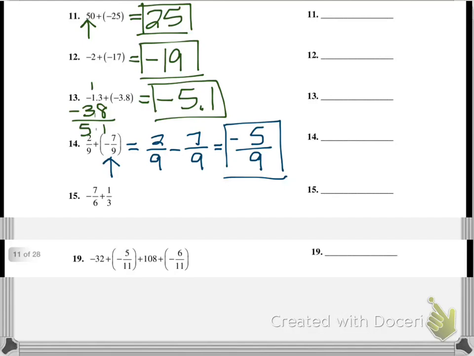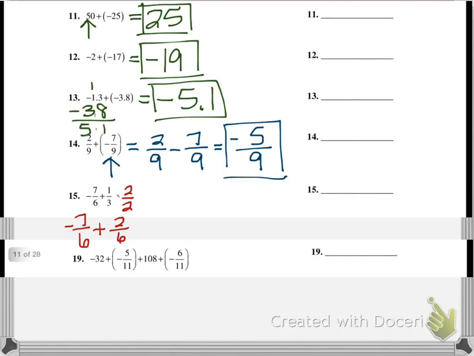Number 15. My signs are different, so I am going to subtract, but I need to get a common denominator first, which is going to be 6. So the first thing I'm going to have to do is multiply the first fraction by 2/2, because that's going to give me 2/6, and I'm going to add to that negative 7/6.